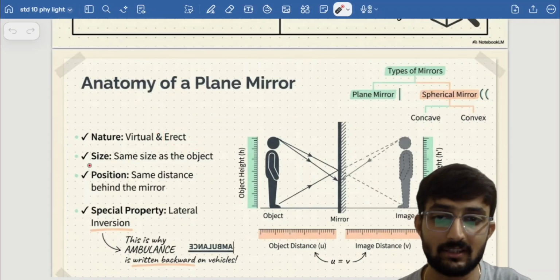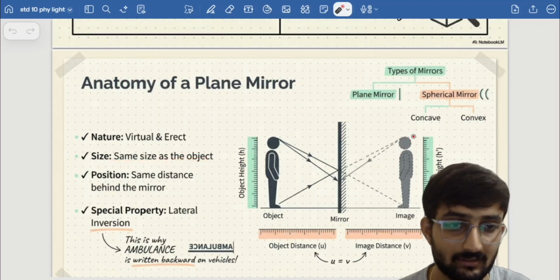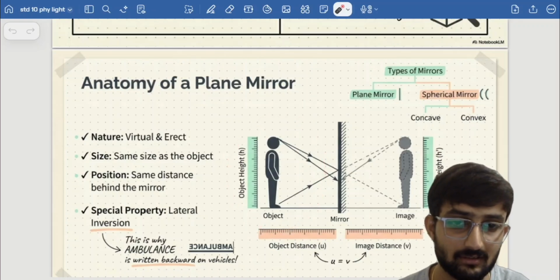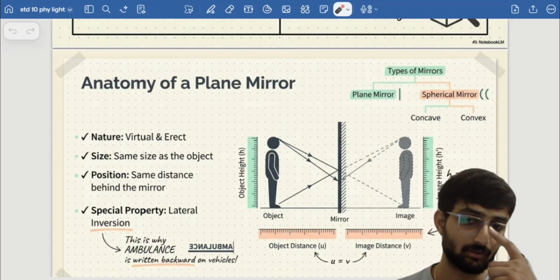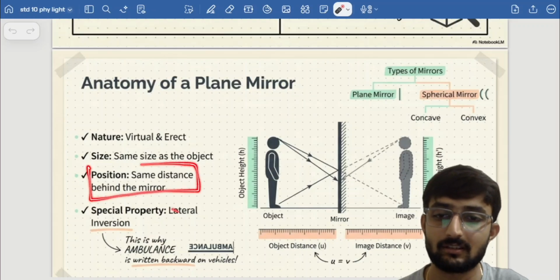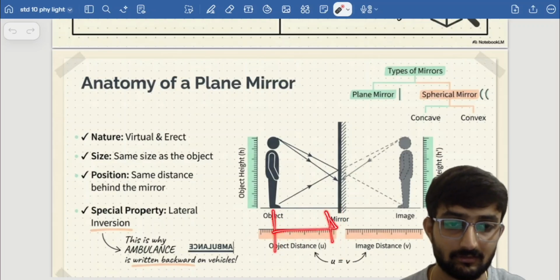The size of the image is the same size as the object. Okay, the size of the image is equal to the size of the object. The position of the image is at the same distance behind the mirror, as I already told.